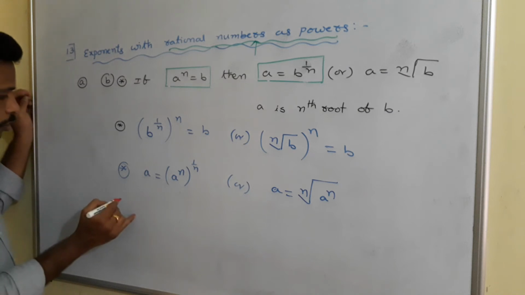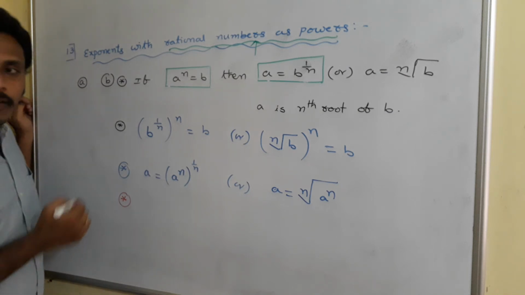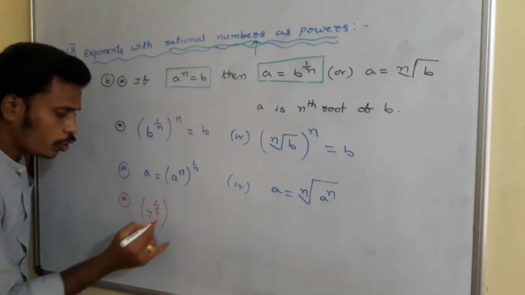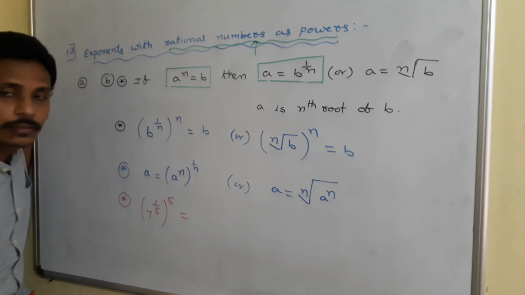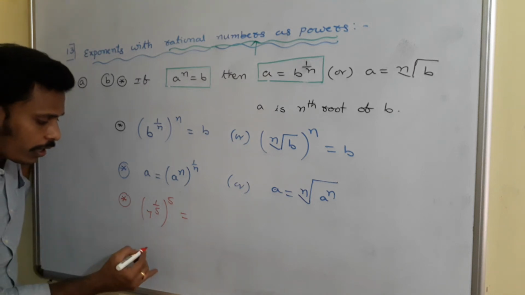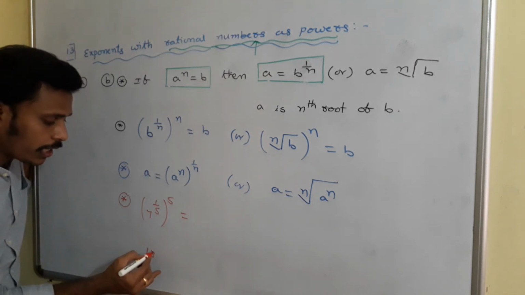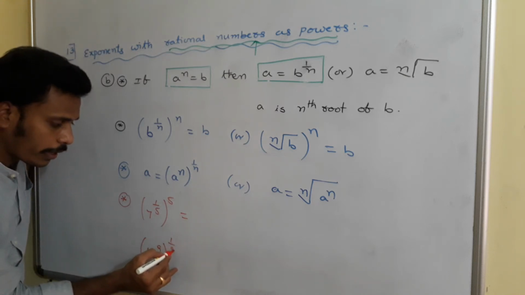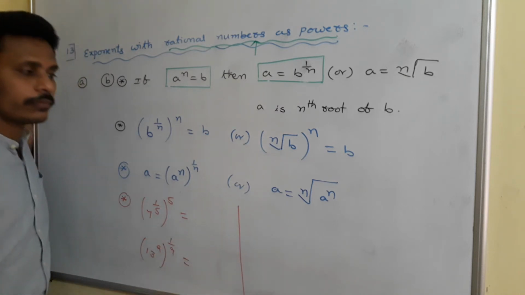I will give you some simple problems here. Suppose you have 7 power 1 by 5 to the power 5, what is your answer? And in another way, something like 13 to the power 9 to the power 1 by 9, what is your answer?